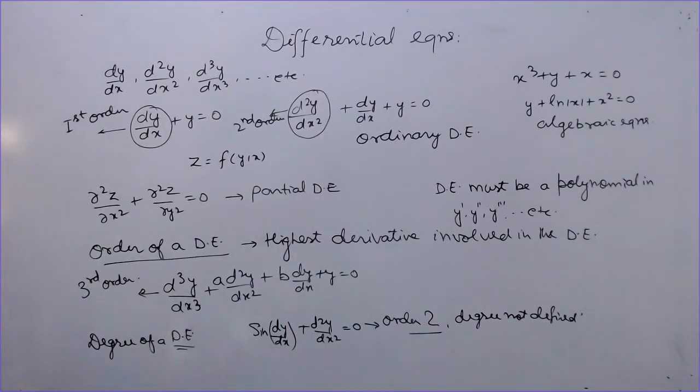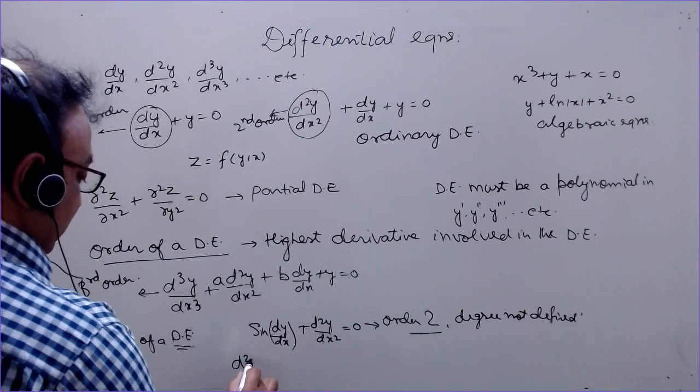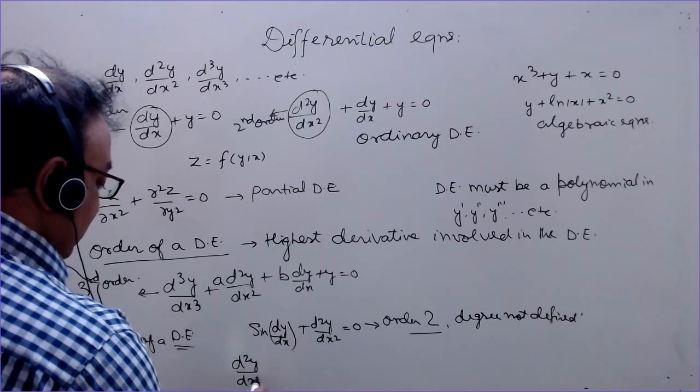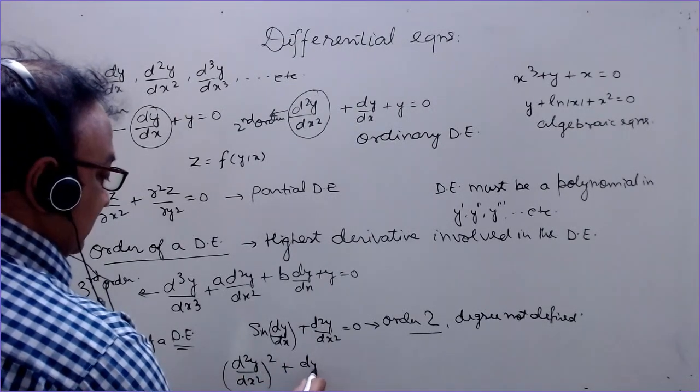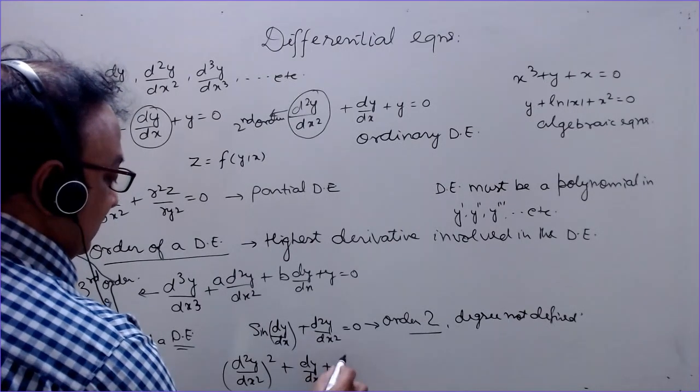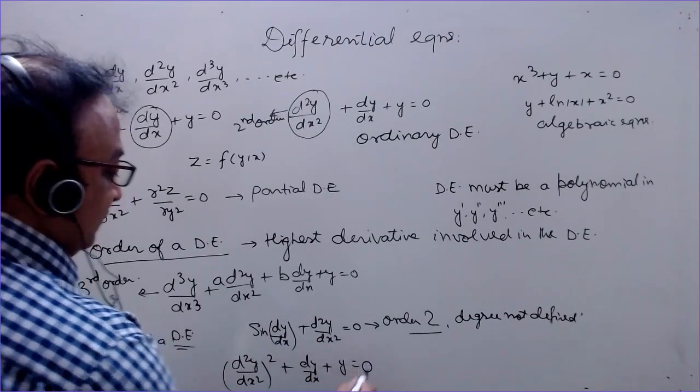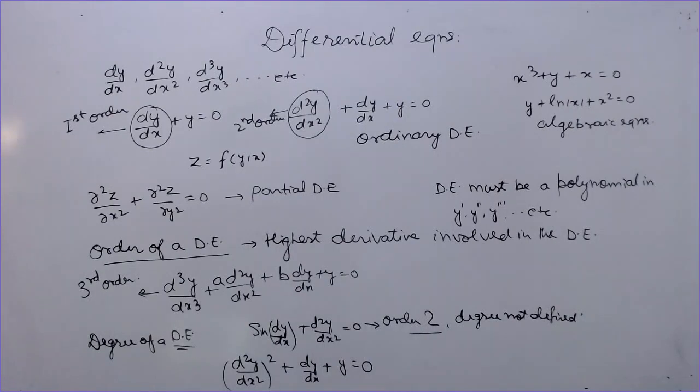Now you can have an equation d2y by dx square whole square plus dy by dx plus y equal to 0. Now can you identify the order and degree? Here we have two differential coefficients, second and first.